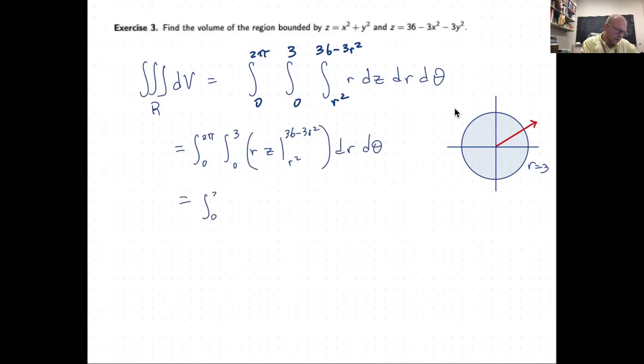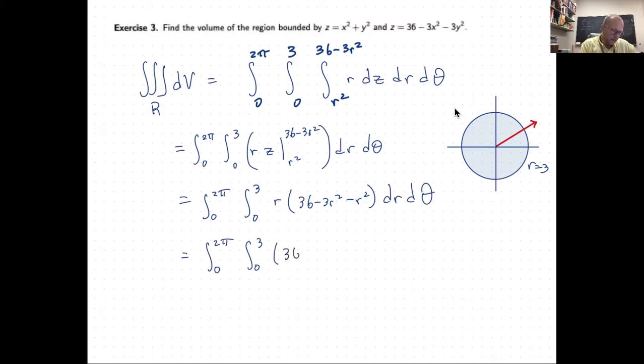So integral 0 to 2 pi, integral 0 to 3, r times, now if you go ahead and plug in there, 36 minus 3r squared, and then minus another r squared, you can see that it'll simplify pretty nicely there. And I'm going to go ahead and put it all together and have the 36r minus 4r cubed dr d theta.